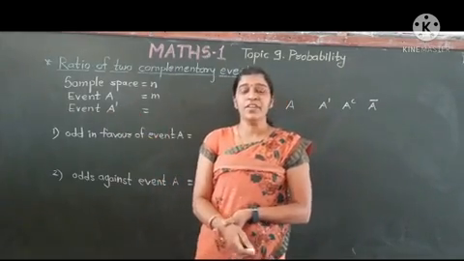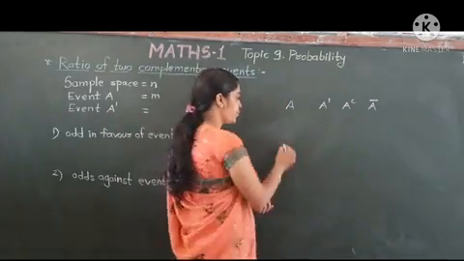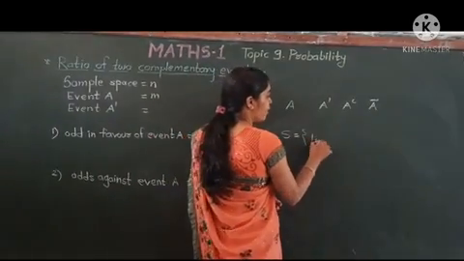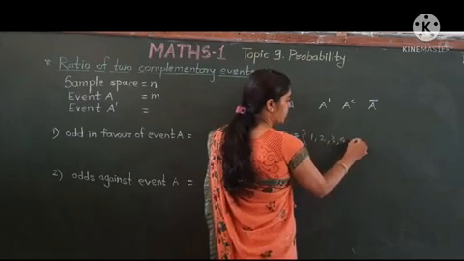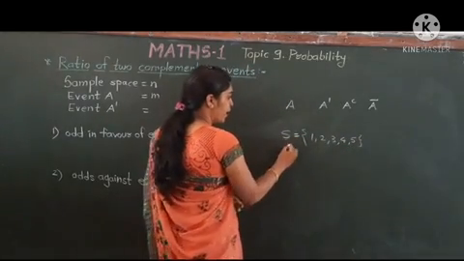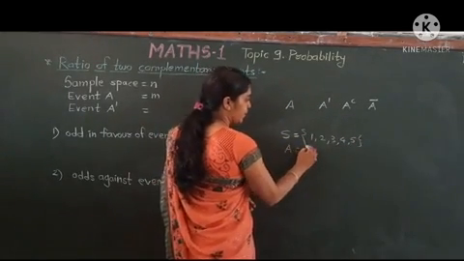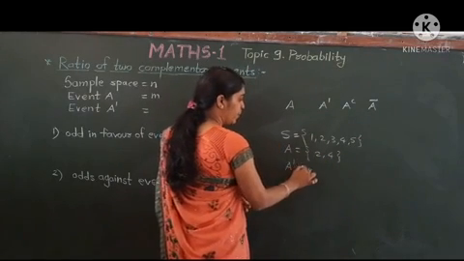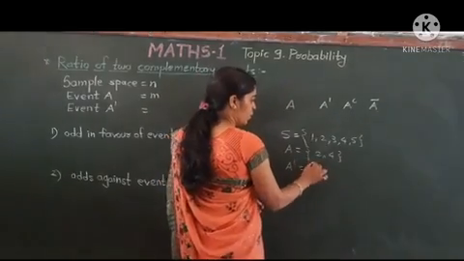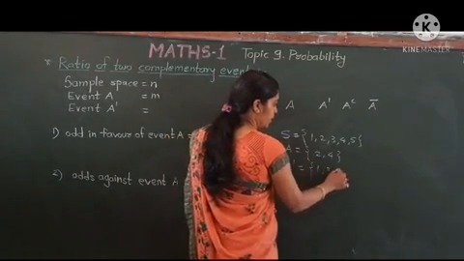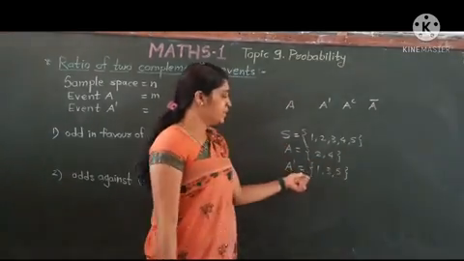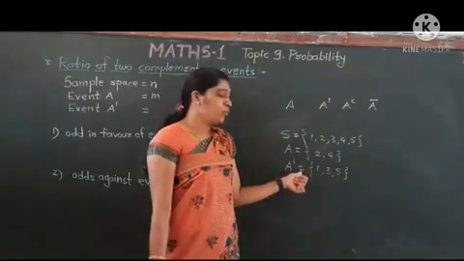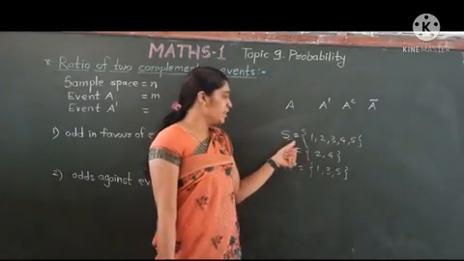Suppose in sample space S there are 5 elements, 1, 2, 3, 4, 5, and in event A there are 2 elements, 2, 4. Then how do we write A complement? 1, 3 and 5.